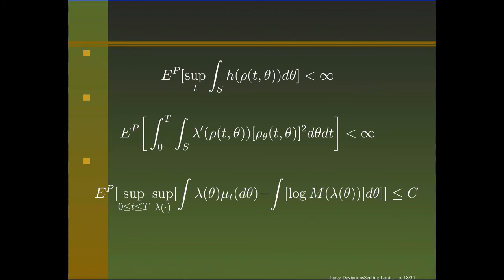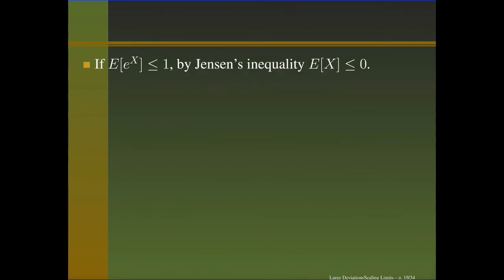Let's see that. Jensen's inequality says that if the expected value of e to the x is bounded by 1, then the expected value of x is less than or equal to 0. So if mu n is a family of probability distributions that converge weakly to mu, think of it as two-dimensional distributions of random variables x and y.